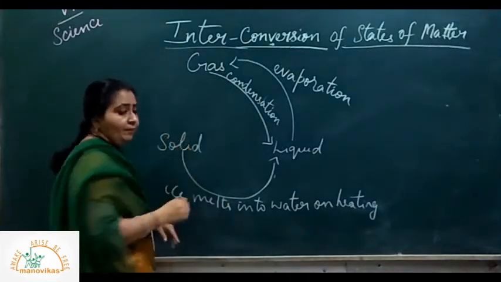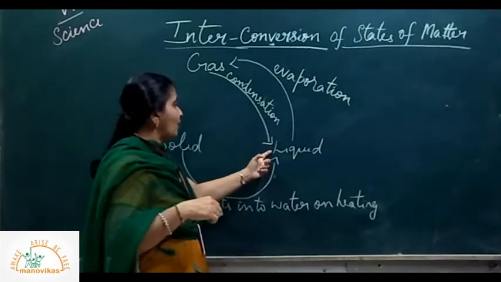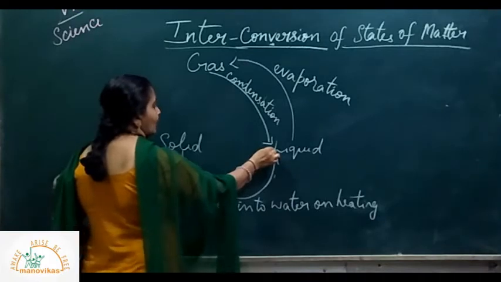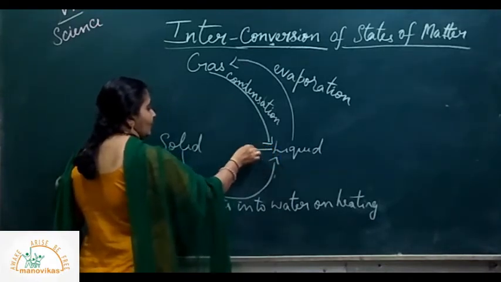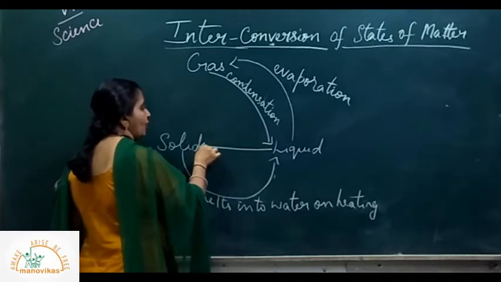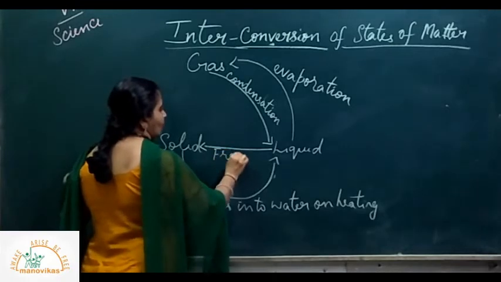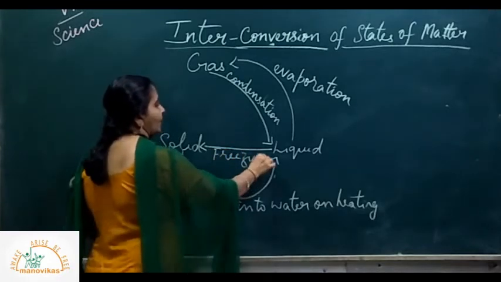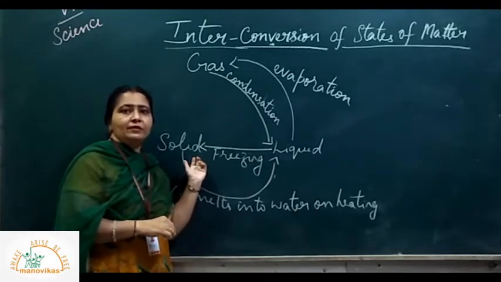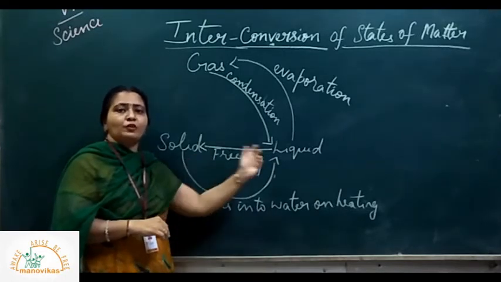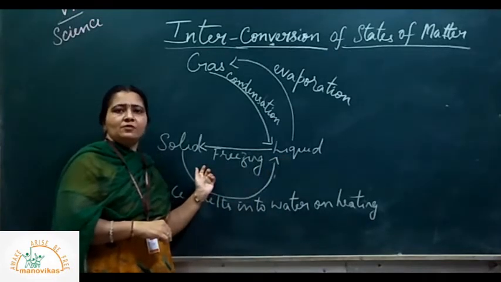The next one is from liquid. So here the liquid on cooling gets converted into solid by freezing. On freezing, what happens? The liquid gets converted into solid. For example, water changes into ice.